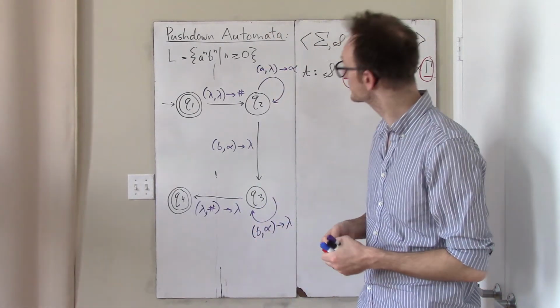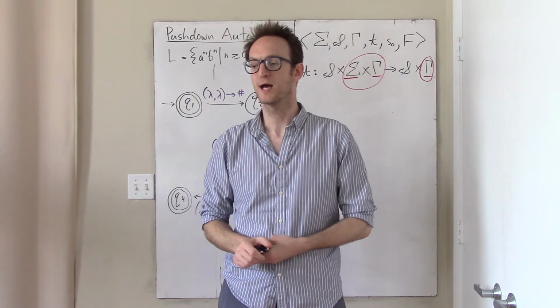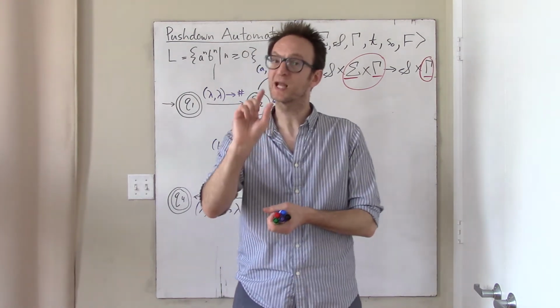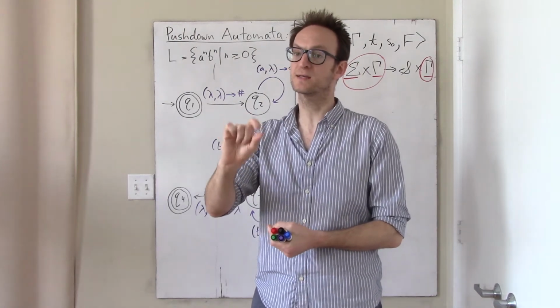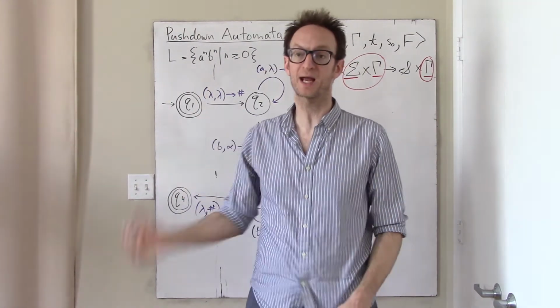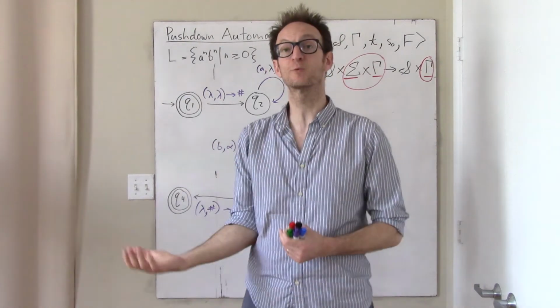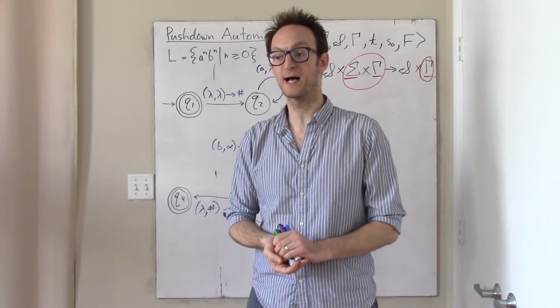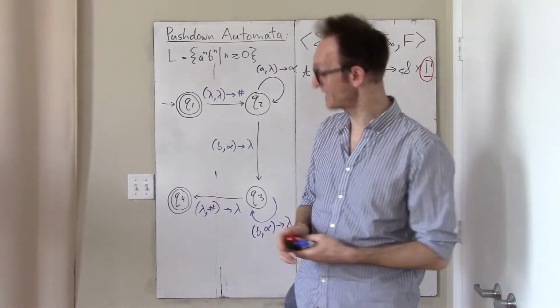Here that same thing is going on, but it's even more extreme, because for every combination of input character and what's on the top of the stack, we could potentially have a rule. And whenever that rule doesn't exist, the string dies. So there's a lot of dying going on.